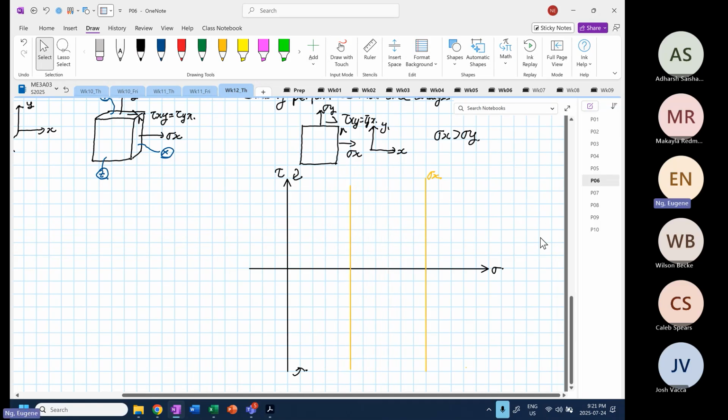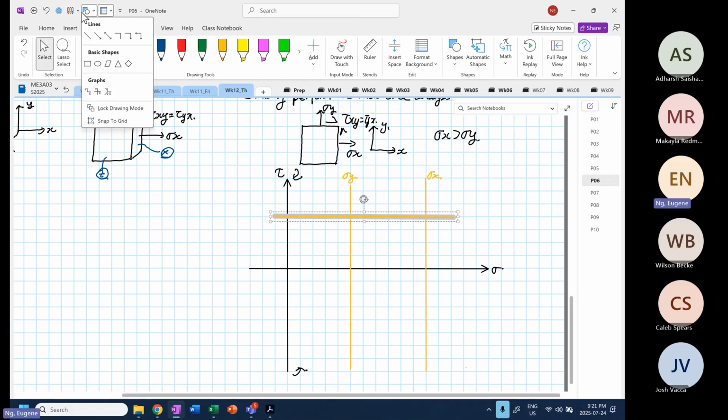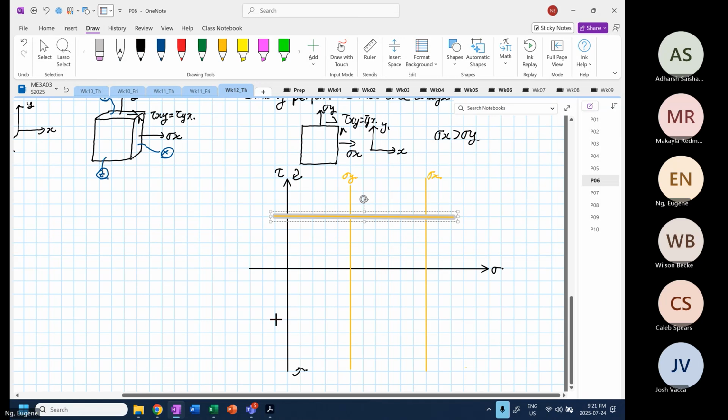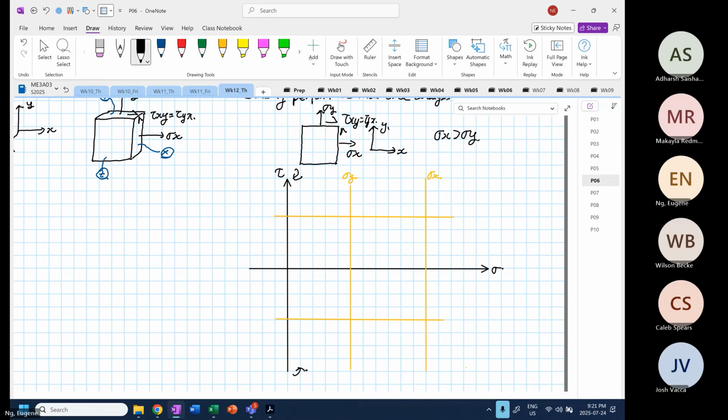This is our stress Y. And then we have our shear. Right. And then we have our shear. So point X, element rotate anti-clockwise. Point Y. And then we know that over here, this is your stress average.